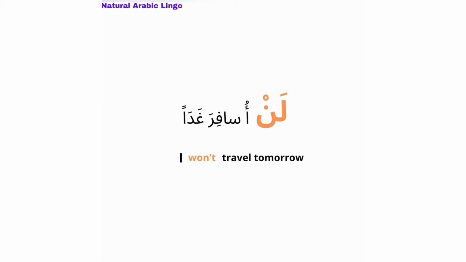You can use only present verb after لن. You can't use a noun or adjective or anything else after لن. Also present verb comes after لن. لن plus present verb. It's the grammatical rule.